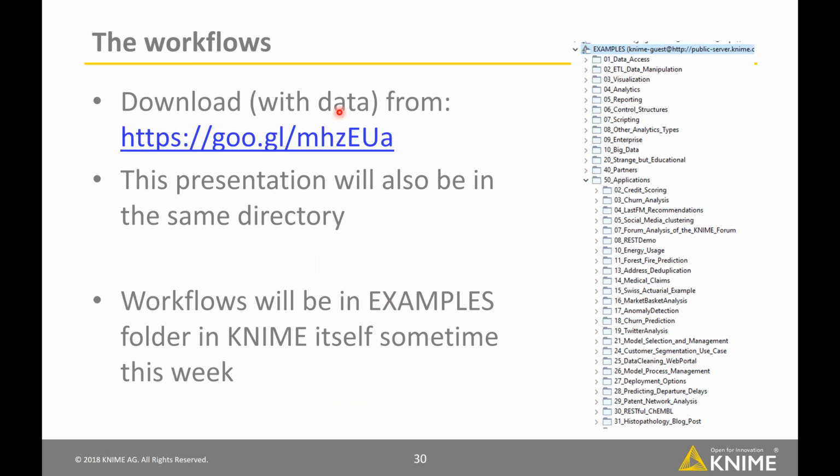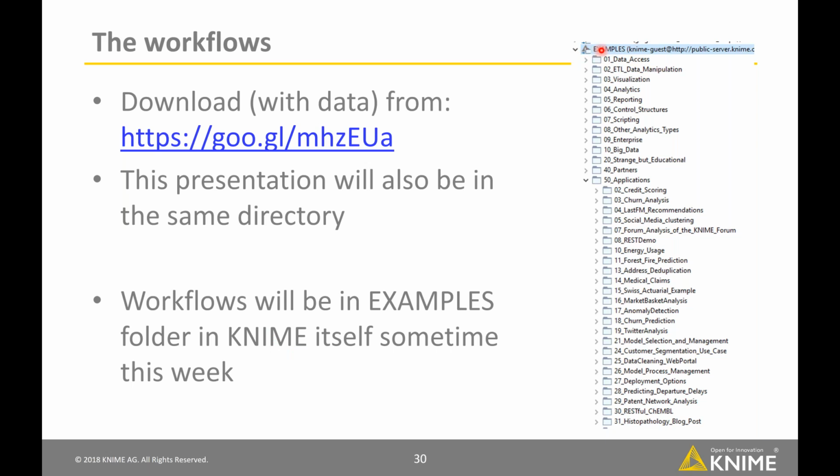Again, the workflows that I just showed you are all available with data at the link shown here. The PDF for this presentation is in the same directory, and we're going to put the workflows on the example server in Knime at some point this week. For those of you who don't know, in the Knime Explorer, there's this examples tree entry available.